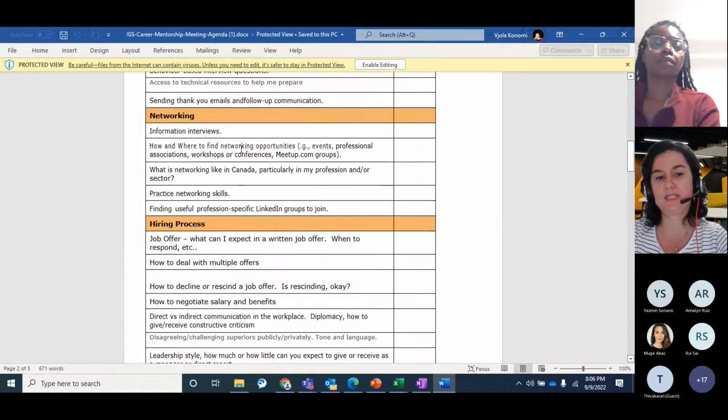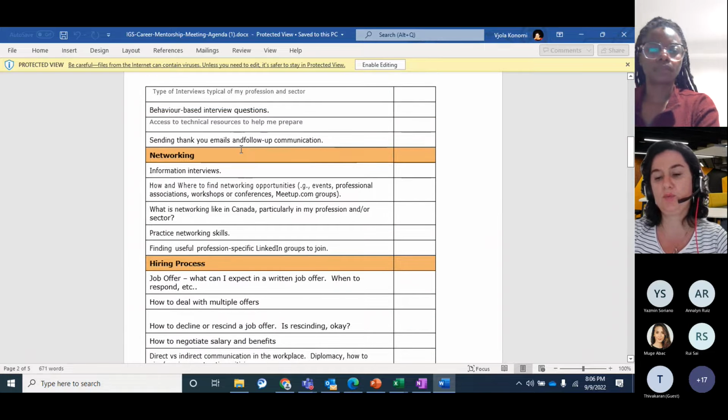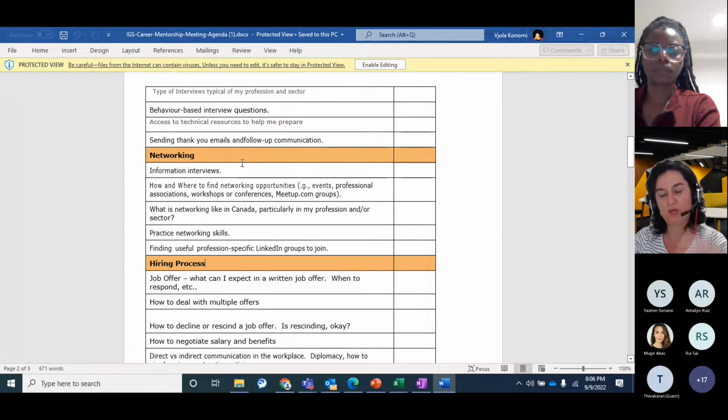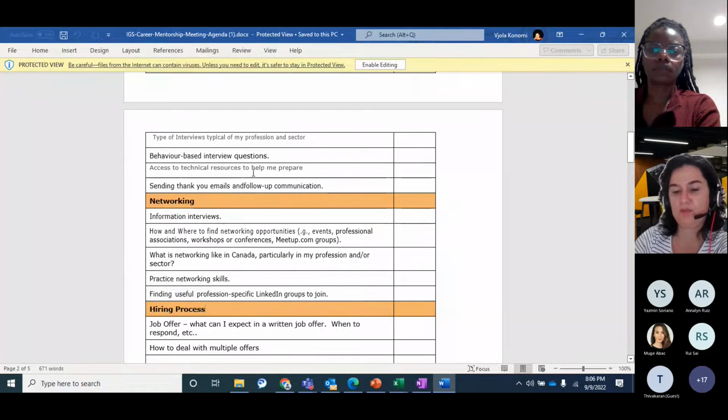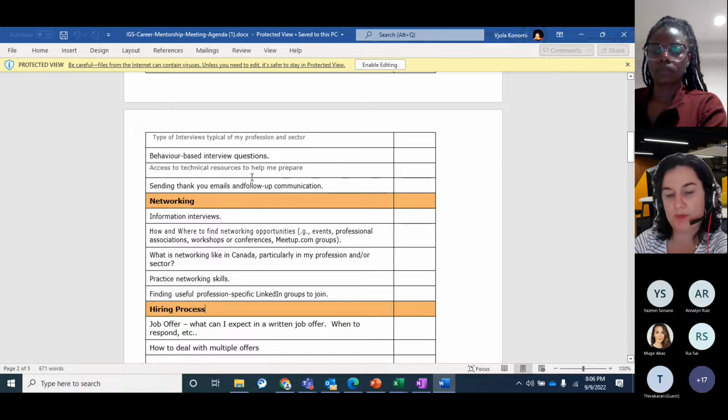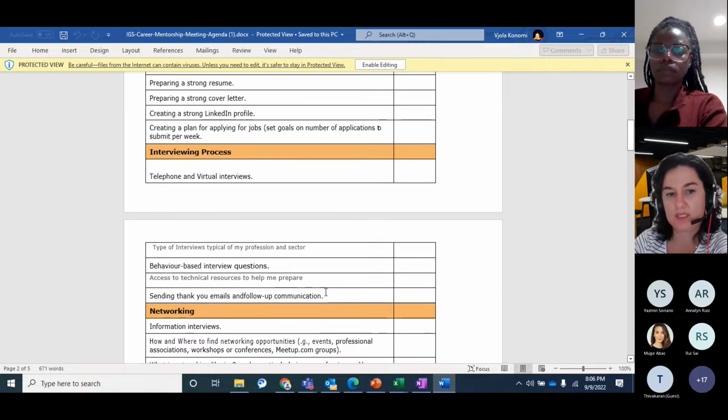So any of the topics that you see under the orange colored section, you can put into that meeting agenda as a topic, and you can put several of them that are high priority for you and that you want to discuss with your mentor before each of your scheduled sessions. So you allow your mentor time to prepare for those topics.